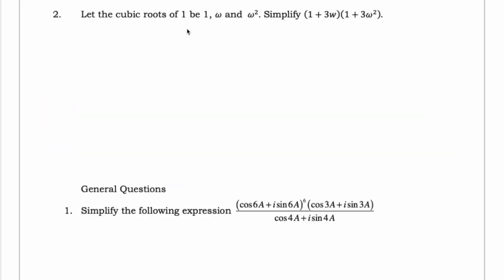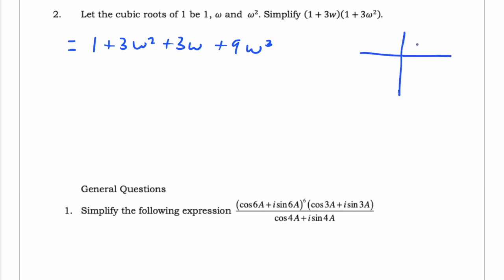This next question, we have the cube roots of unity are 1, omega, omega squared. Simplify this. So let's simply expand the brackets, and we get 1 plus 3 omega squared plus 3 omega plus 9 omega cubed. But recall these are cube roots of unity, so omega cubed is actually 1, and we can see that graphically too. Here are the roots of unity.